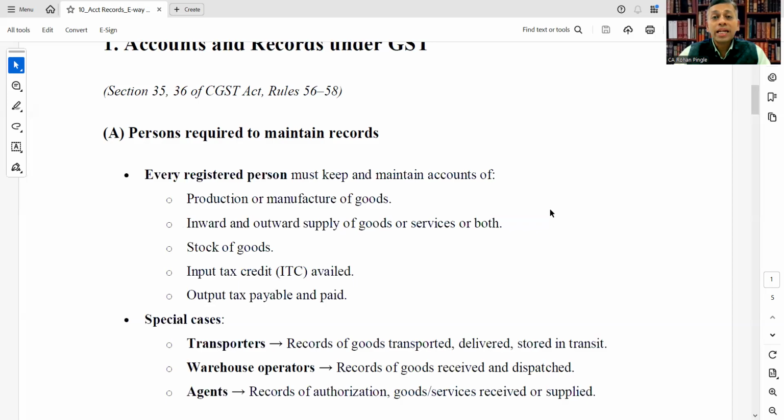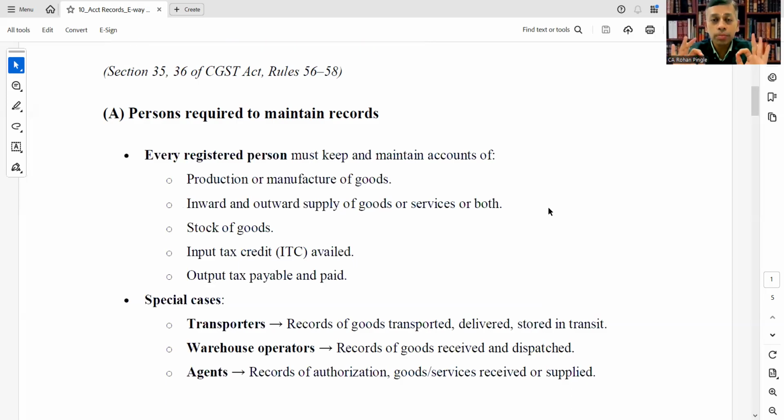Persons required to maintain records: every registered person must keep and maintain, both, not or, accounts of production or manufacture of goods, inward and outward supply of goods or services or both, stock of goods, input tax credit availed, that is ITC, output tax payable and paid.